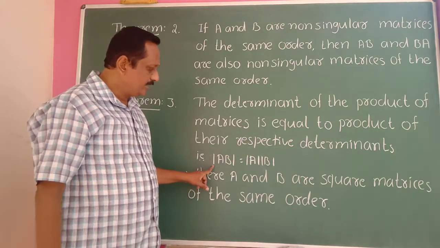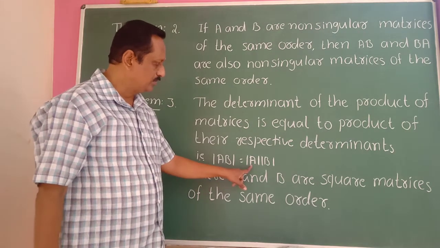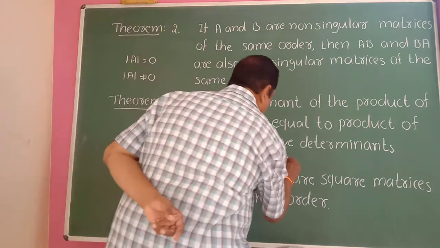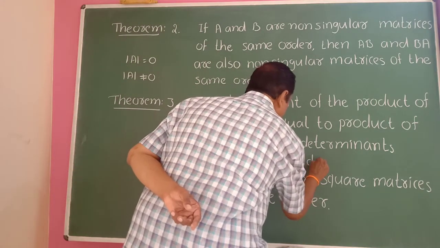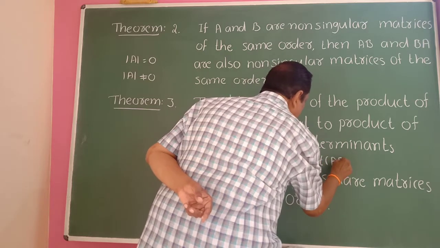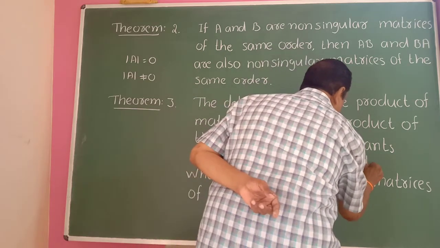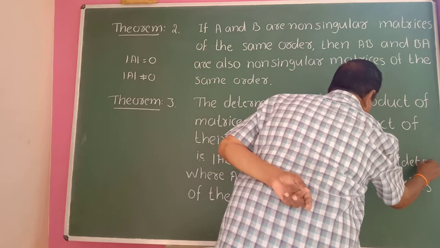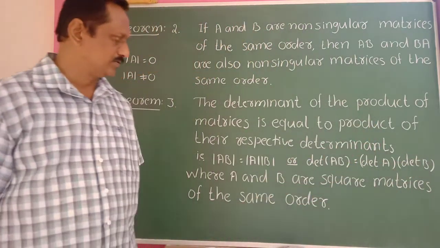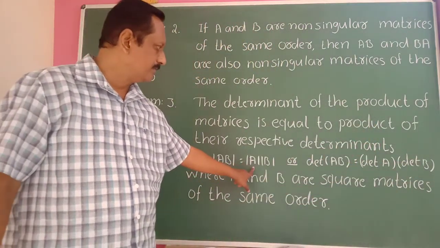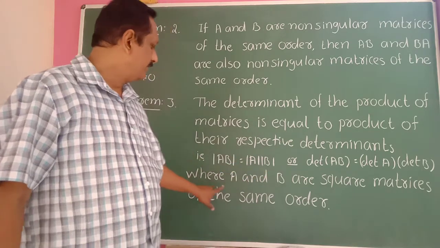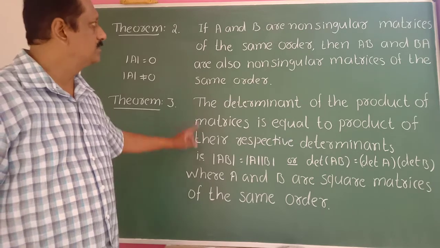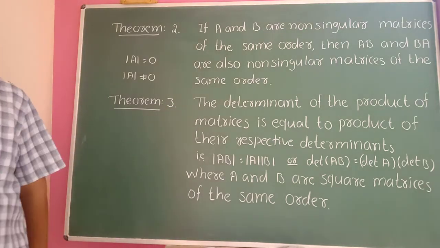That is, determinant of AB is equal to determinant of A into determinant of B. Sometimes we can write it like this also: determinant of A into B is equal to determinant of A into determinant of B, where A and B are square matrices of the same order. So these are the important theorems.